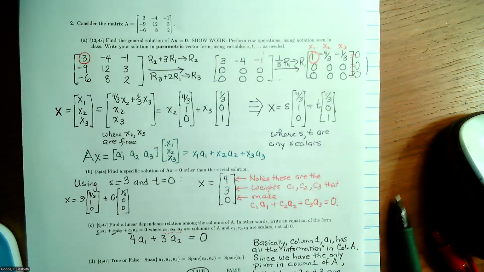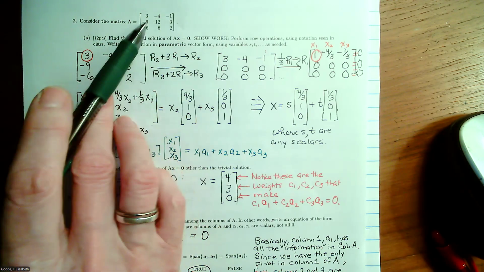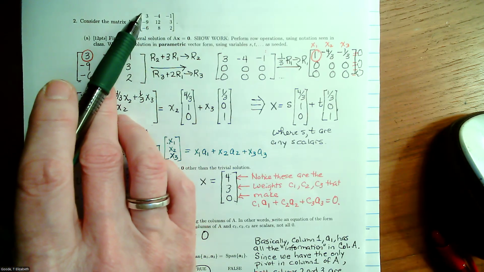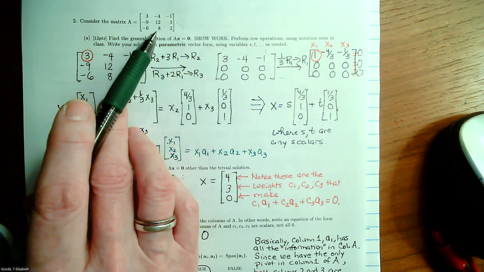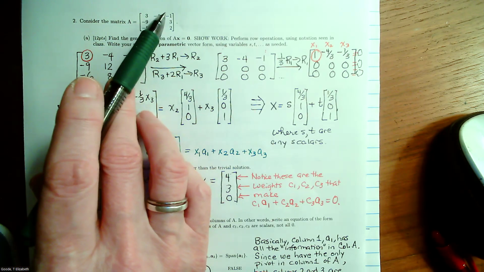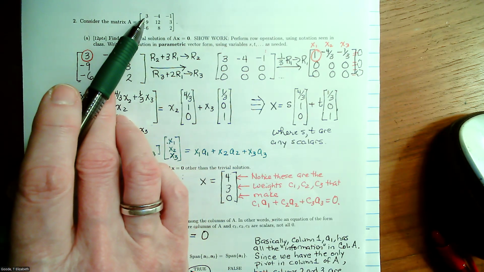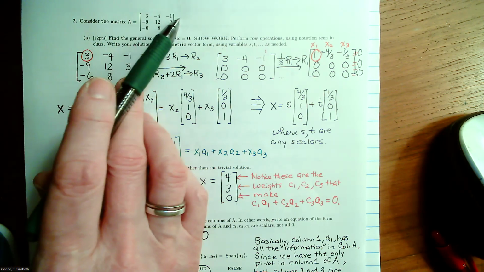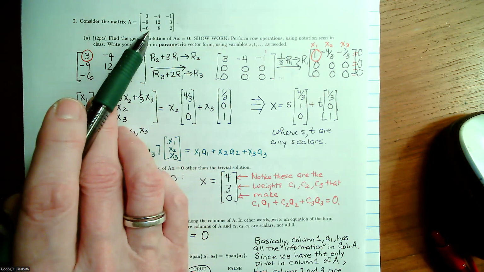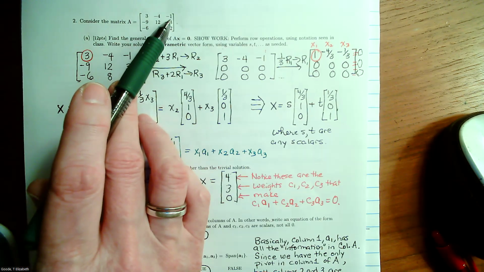You could have guessed one just by looking at it. What would we have to multiply 3 by to get -4? Or maybe it's even easier to relate column 1 and column 3. What would we have to multiply 3 by to get -1?